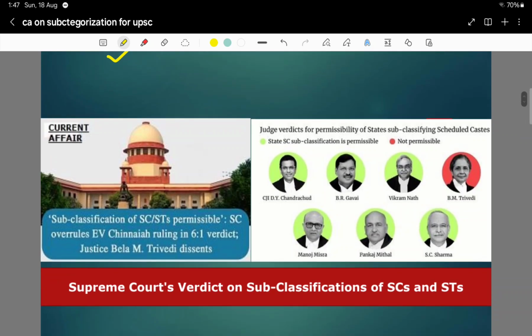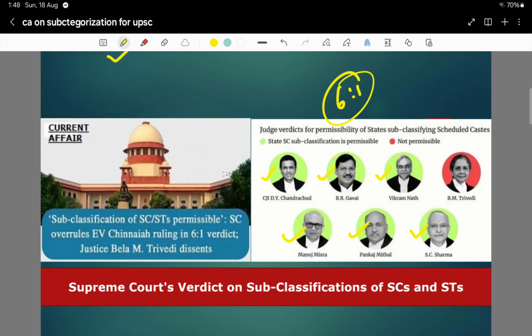It has its own majority decision, 6:1 is the majority decision. The court now allows the states to subclassify SCs and STs for reservations.